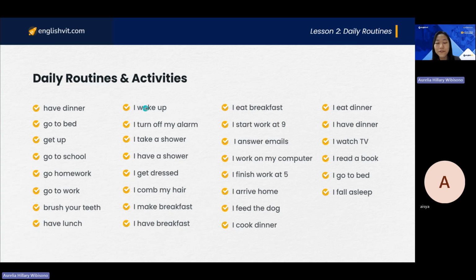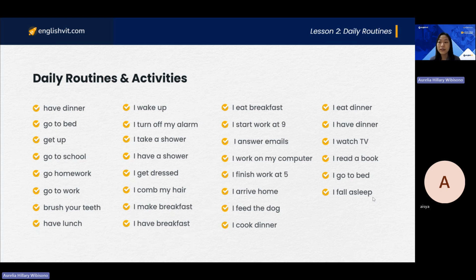But for wake up, you have to be in the sleeping condition and then you open your eyes. And then what's the difference between go to bed and fall asleep? Kalau fall asleep udah kayak terlelap. I think that's correct.